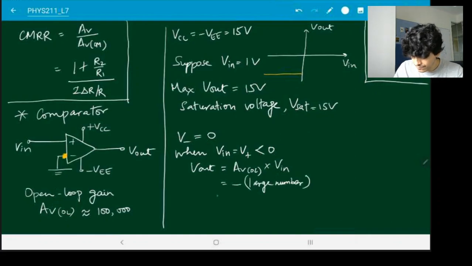Therefore, it is finally just going to stop at minus VSAT, so minus 15 volts.